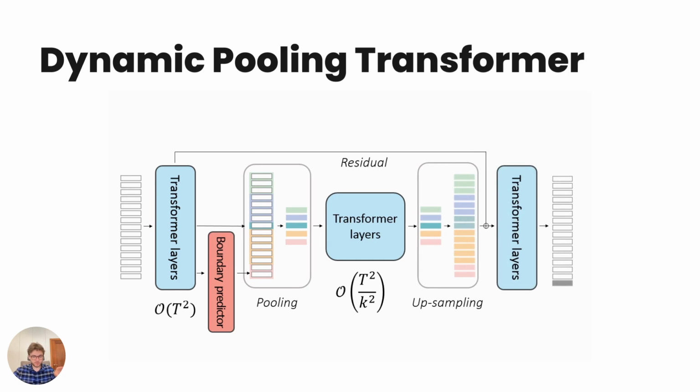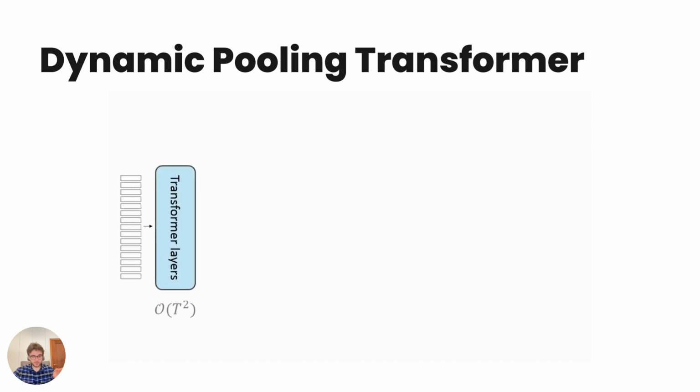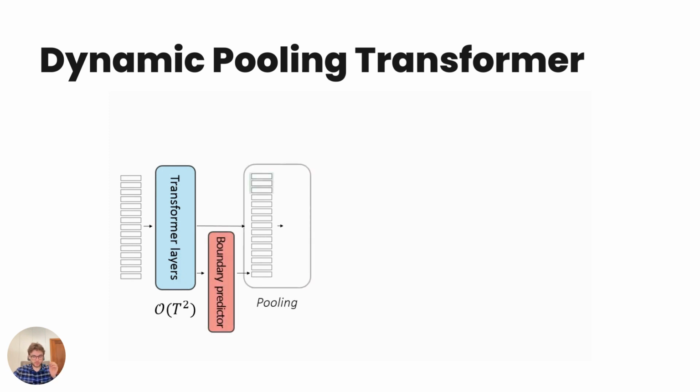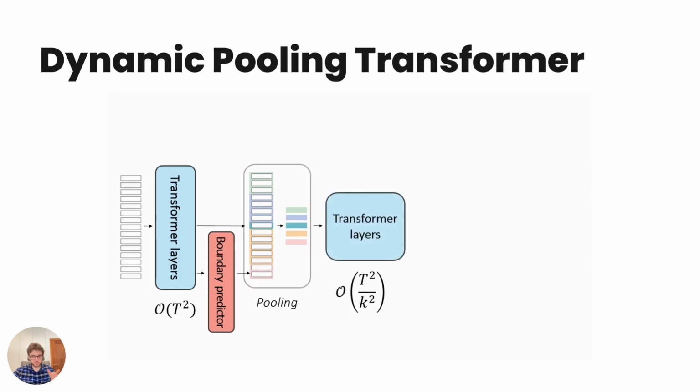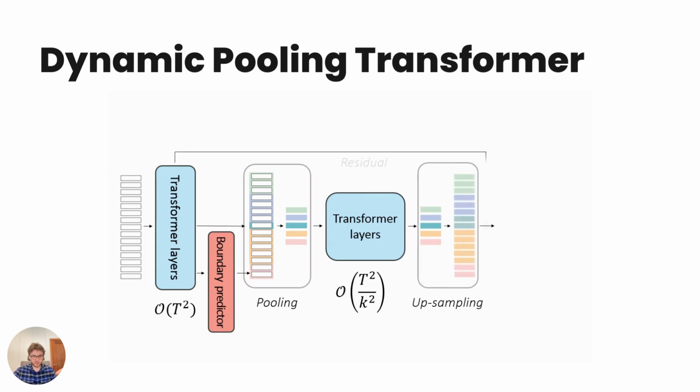The boundary predictor outputs a binary sequence, which we then use to group the tokens. Specifically, whenever we encounter one, we close the previous group and start a new one. After processing the shortened sequence by the middle block, we upsample the tokens by simply duplicating them and augment them with a residual connection from before shortening.